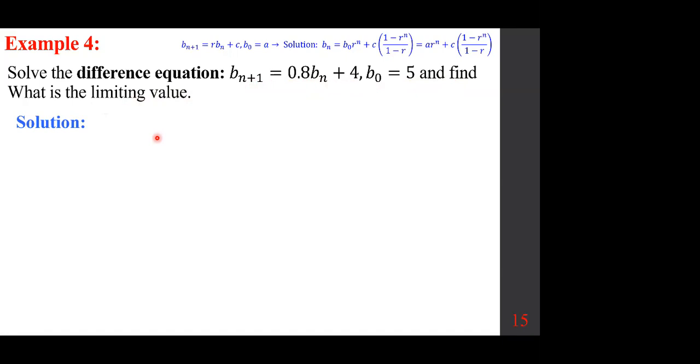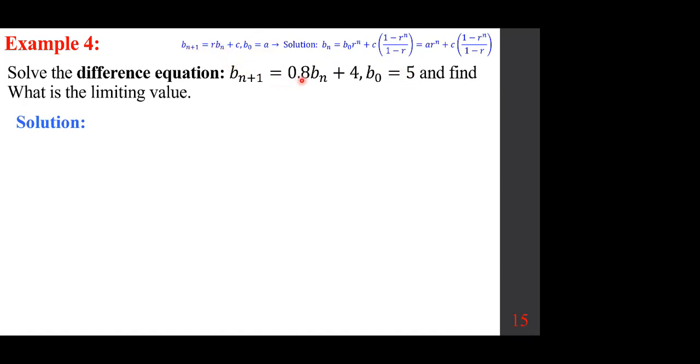Anytime you deal with a case like this, it is extremely important that you be able to write the given. So what I'd like you to do is very simple. Look at this and compare it to this part. First of all, B0 equals A equals 5 is given. Then compare this one to this one.